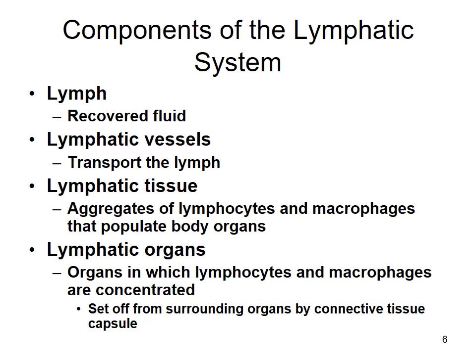If the white blood cells, like your lymphocytes and your macrophages, concentrate together in one area, but they are surrounded by a connective tissue capsule, then instead of just saying it's a lymphatic tissue, we're going to say it's a lymphatic organ. For instance, your lymph nodes and your spleen are all going to be lymphatic organs because they're separated from the rest of the body and have that connective tissue capsule surrounding them.